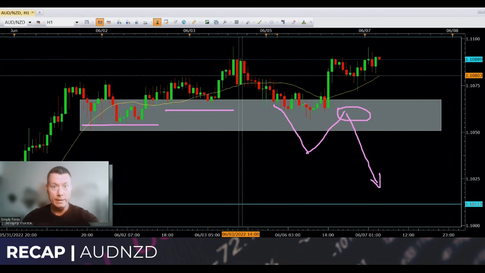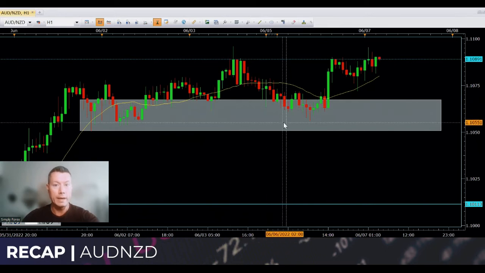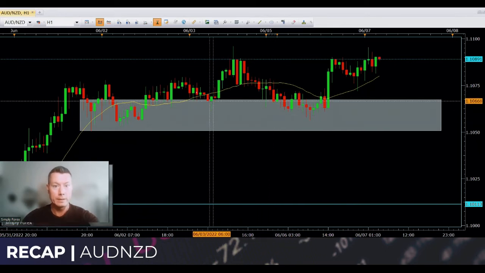And as you can see, guys, that clearly didn't happen. We didn't have a breakdown in the H1. So price, this was our last H1 low, came back up, retested this level many times, and then shot back up. Okay, we do have a new H1 low here.